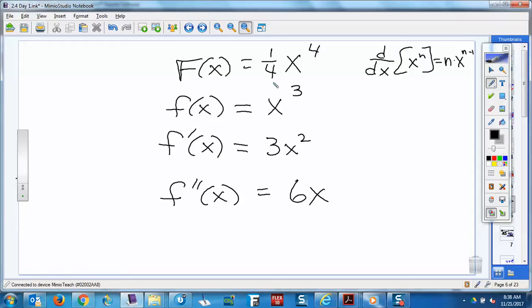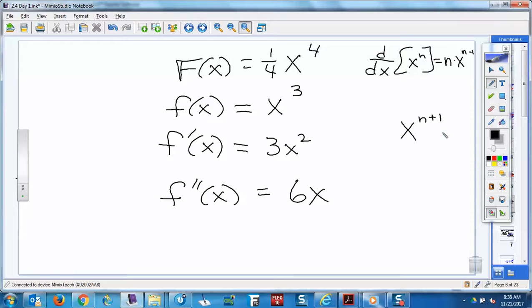Now, since we're just going backwards, we actually could make an antiderivative rule for this. And it works pretty nice because powers show up so often. If the derivative rule is multiply by the power and decrease the power by 1, let's just reverse that.